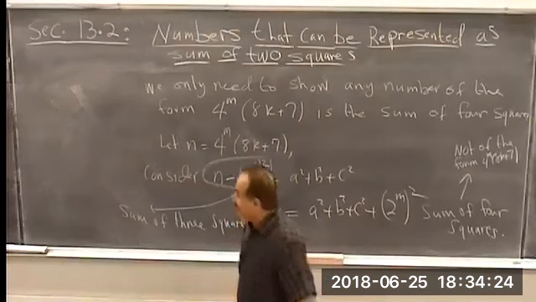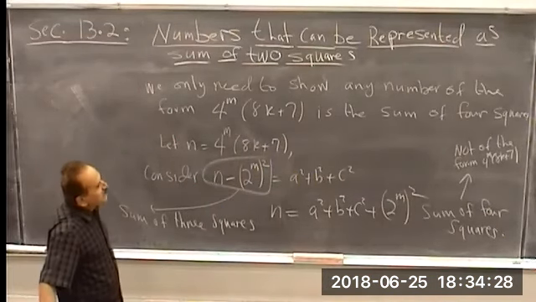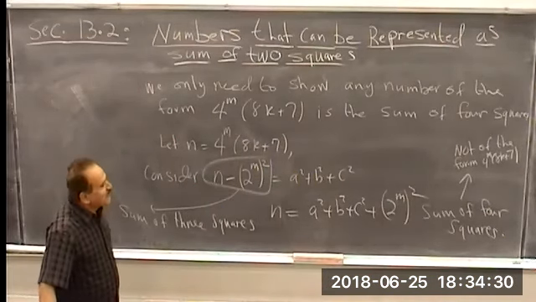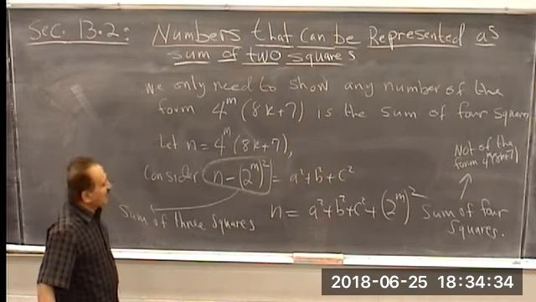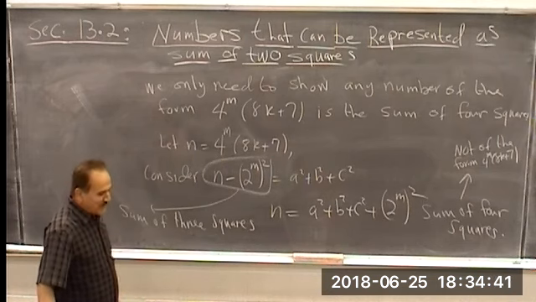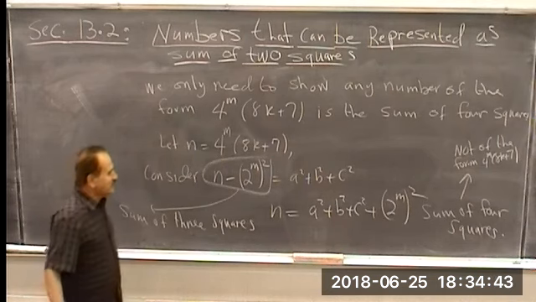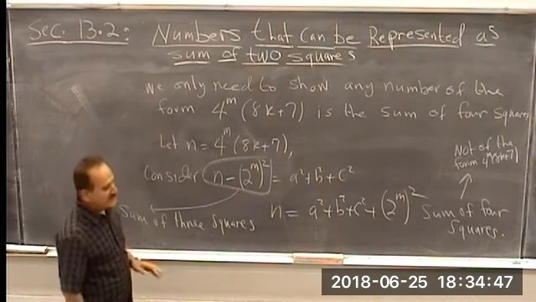However, there is a very big problem with it, because it is based on a theorem which is way harder to prove than actually going from scratch and proving Lagrange's theorem. As I mentioned, Lagrange proved this theorem in 1770.